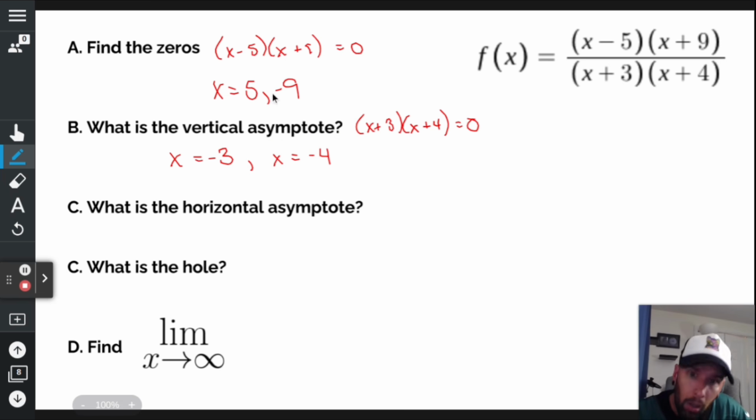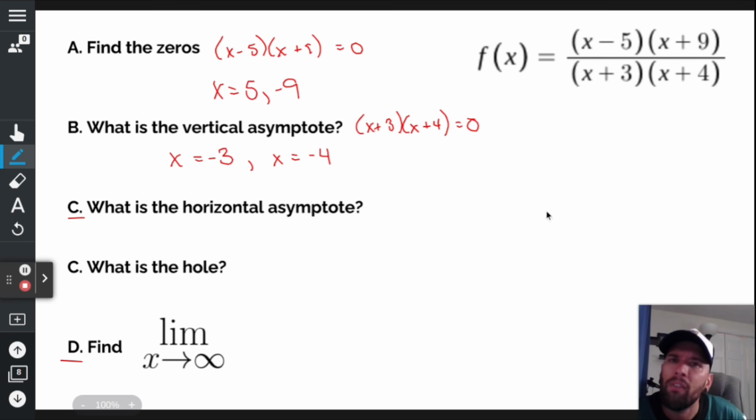What is the horizontal asymptote? Well, the horizontal asymptote exists at the end behavior. So by doing C, we do D. And for some reason, I have a second C. Great. Well, let's answer C and D at the same time. The way we find the horizontal asymptotes is the same way as finding the limit as x approaches infinity. What you need is the leading term.